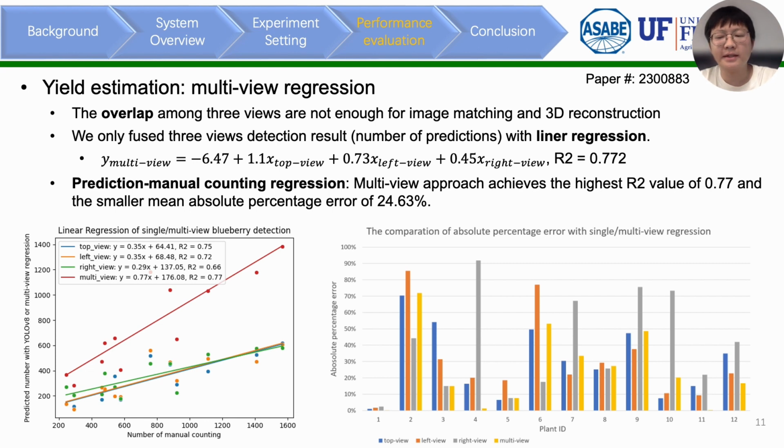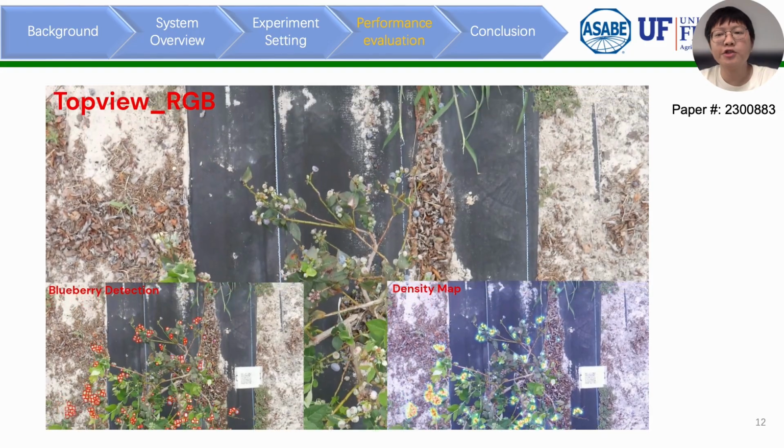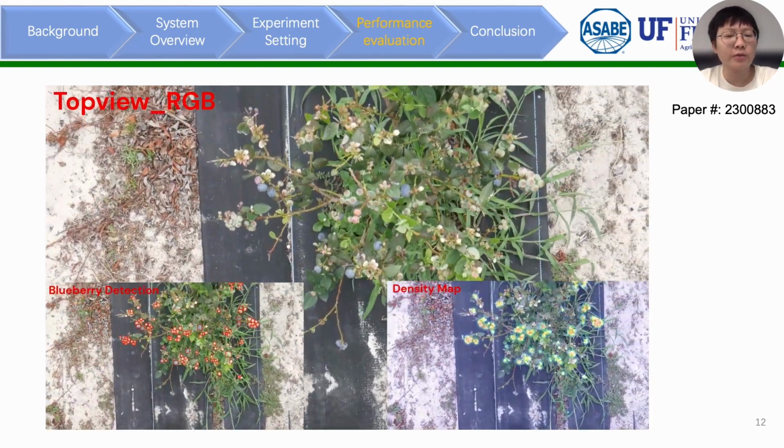And then we did the prediction and manual counting regression to evaluate the regression approach. So the multi-view approach achieved the highest R² value of 0.77 and the smaller mean absolute percentage error of 24.63%.